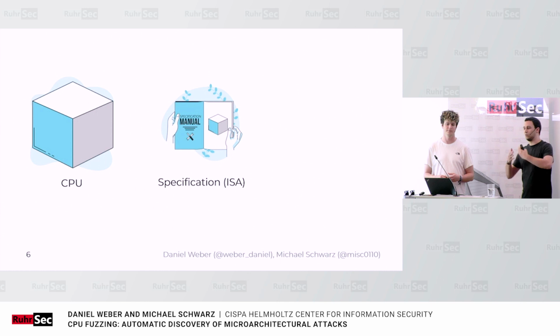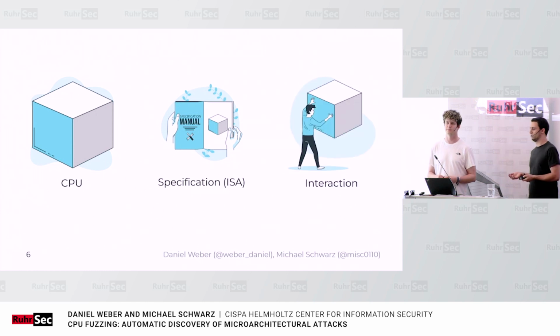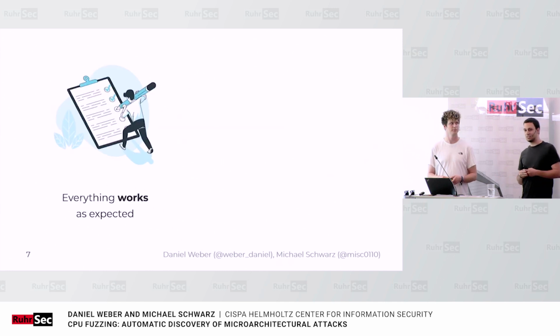So they define like which instructions do we have, what registers can we use, how does the memory work, and then we write our applications in a way that adheres to this ISA. And that's how we interact with a CPU. So this is pretty nice because this is standardized and we can just rely on that. And normally, everything works as expected.